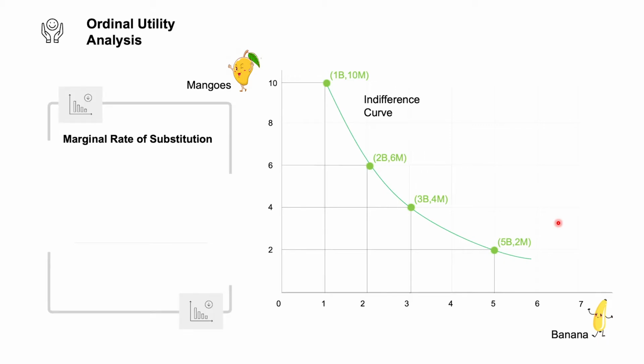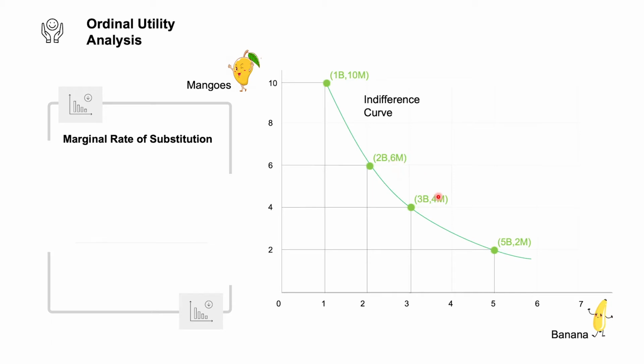Now we are going to learn about the marginal rate of substitution. Before that, just analyze this one. Here we have 1 banana and 10 mangoes. So you are getting an extra banana. For getting an extra banana, what is happening here? You are foregoing, sacrificing some mangoes. In this case, you have 10 mangoes, but in this case, you have 6 mangoes. Let's say you are having an extra banana here, but you are again sacrificing 2 mangoes.